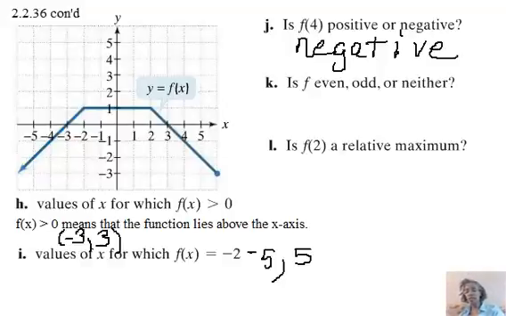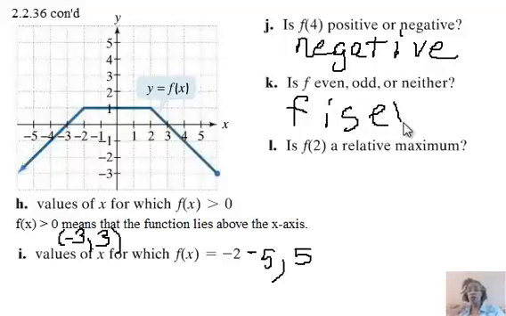Is f even, odd, or neither? So I see that f of x is symmetrical with respect to the y-axis. So f of x is even. A lot of times we just call it f.